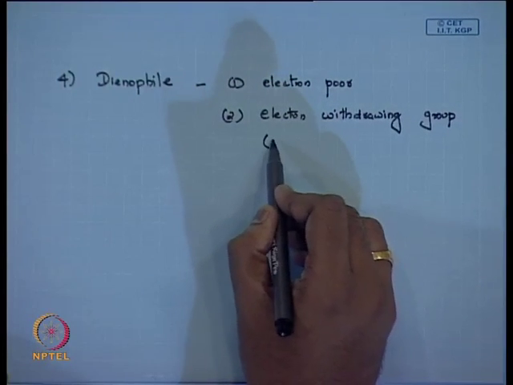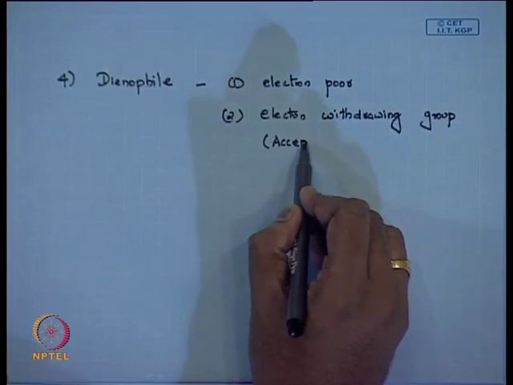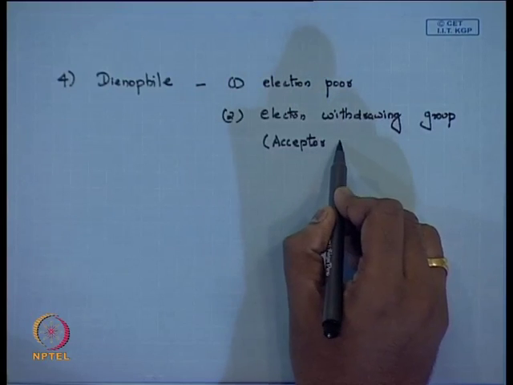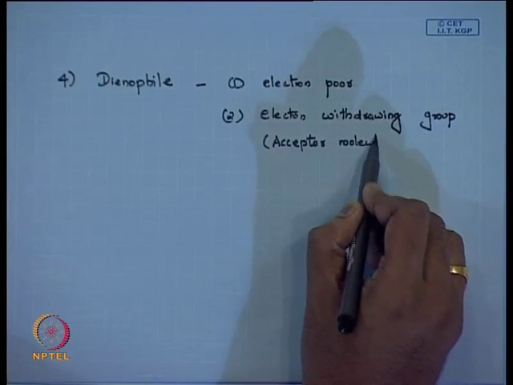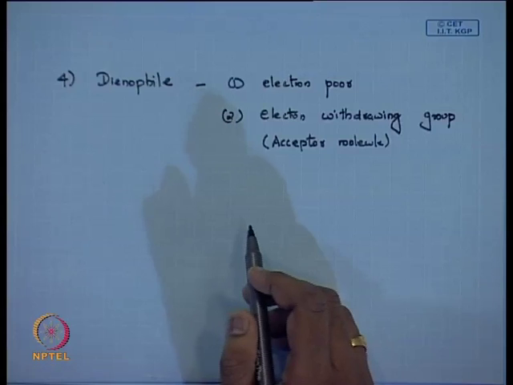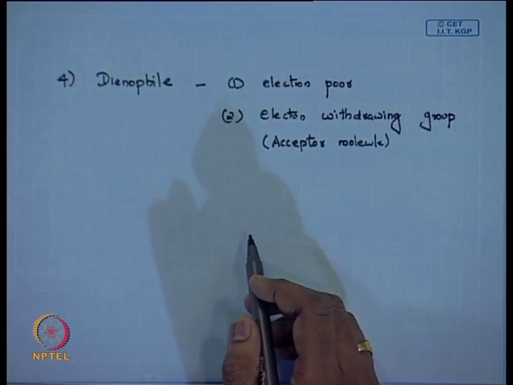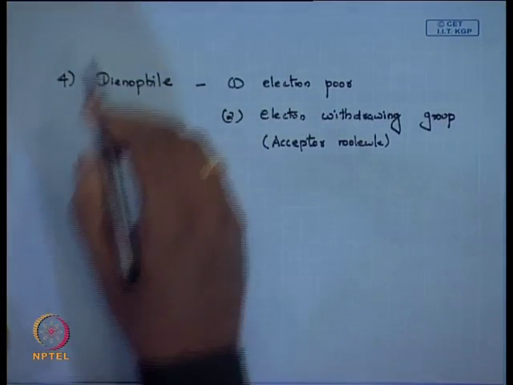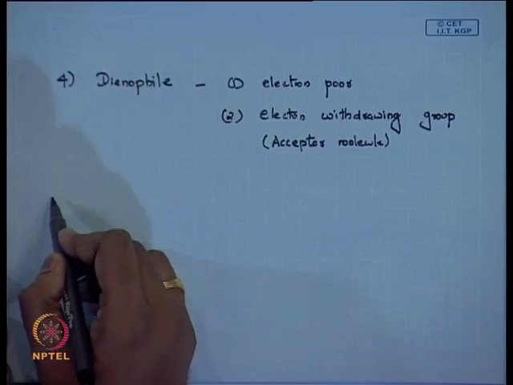That is your acceptor molecules. This can be your aldehydes, nitriles, right. These are all very good for your dienophile. That is how we made your diene and dienophile.